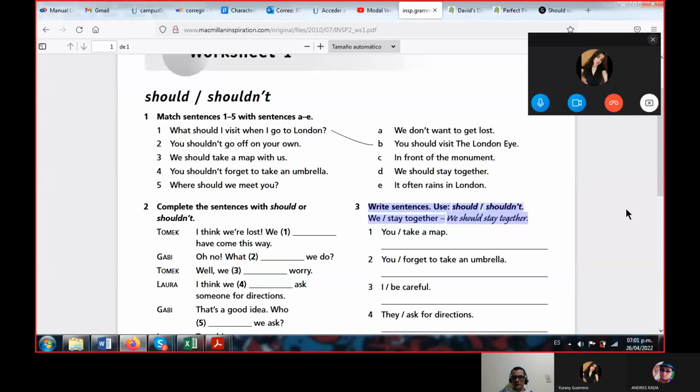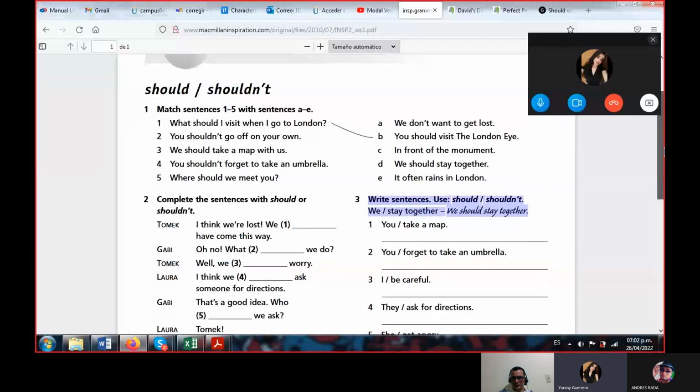Yeah, perfect. Excellent. For example, you shouldn't forget to take an umbrella because it often rains in Bogotá, in my case. Está lloviendo a menudo aquí en Bogotá.